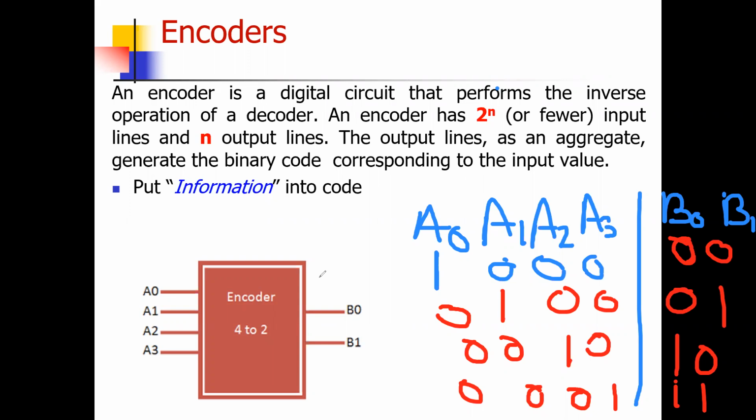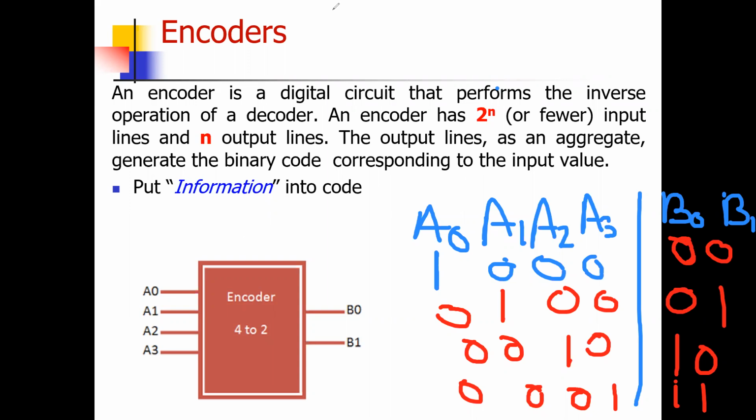Clear? Now, I made the box, but what is inside the box? How is it happening? How will it transmit this information into this decoder? What is inside? Gates. Yes. Which gate? What is the value of A0?